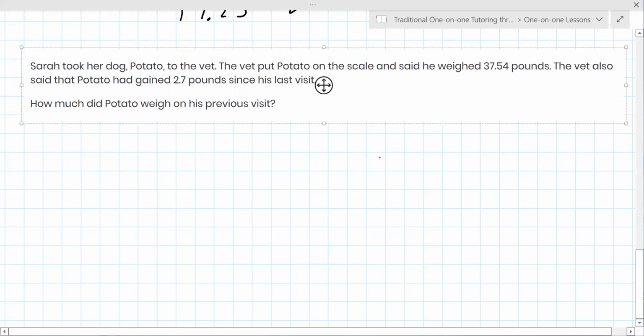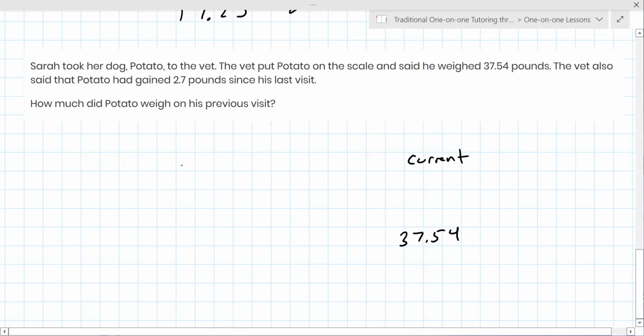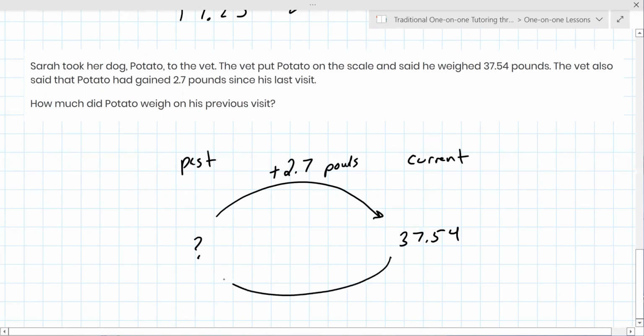So sometimes you almost need to draw a picture. Here's the current weight, 37.54, and the past visit, we don't know what that is. But to go from that one to this one, it was adding 2.7 pounds. So to go backwards, the opposite of adding is subtracting.